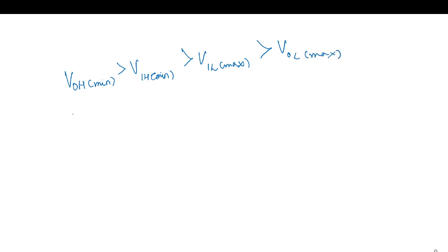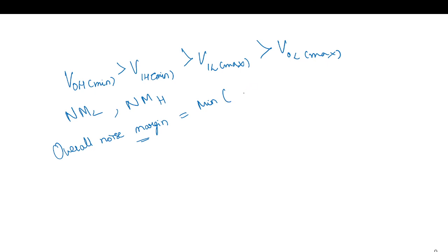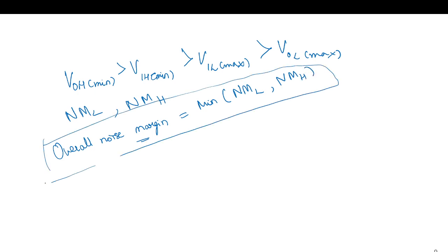One more thing: we will have two noise margins, noise margin low NML and noise margin high NMH. So the overall noise margin is the minimum of NML comma NMH.